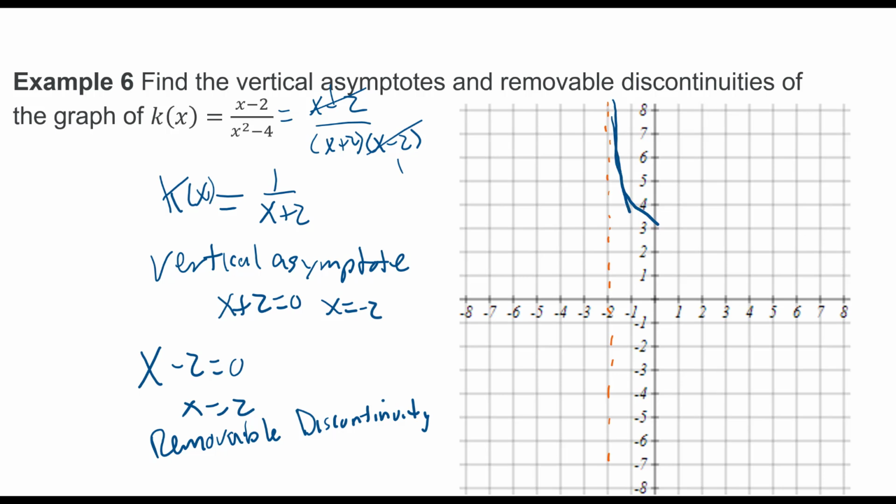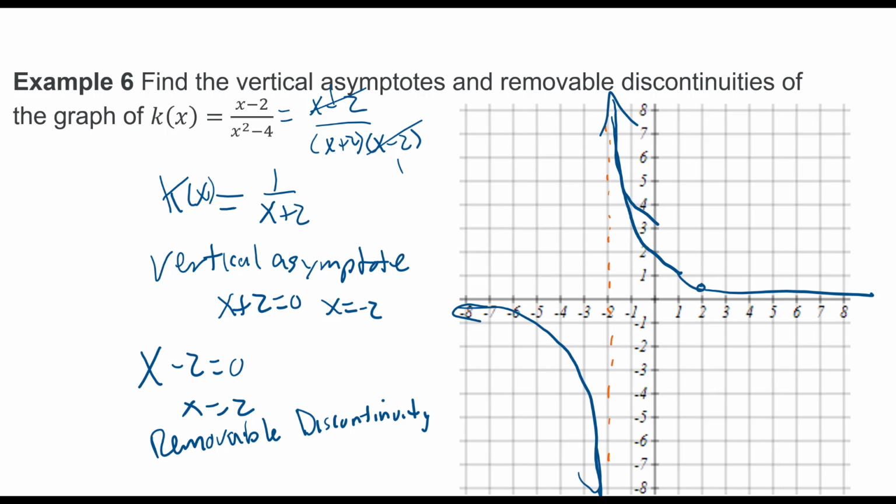Oops, I'm not drawing that right. We have an open circle here, like that. Okay, and that is the graph of the discontinuity.